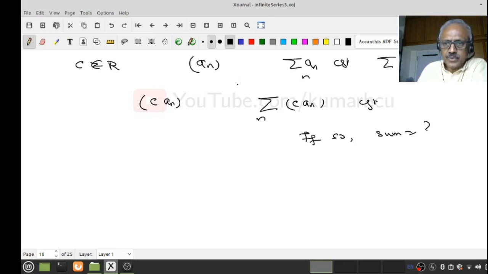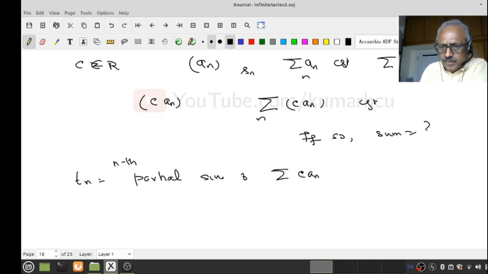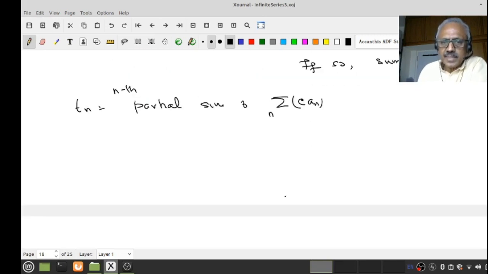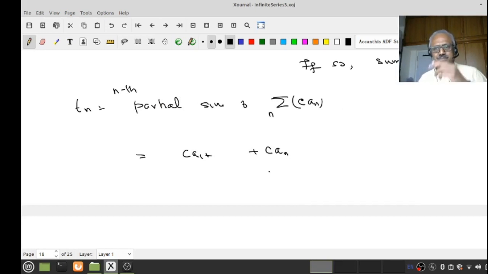So again, what should I do? Let Sn be the partial sums of summation an. Let Tn be the nth partial sum of summation c an. But that is equal to c a1 plus up to c an. Now remember, these are finite sums, therefore the distributive law is allowed.